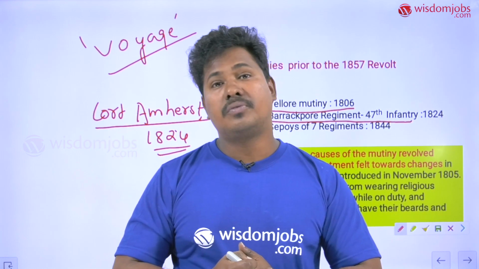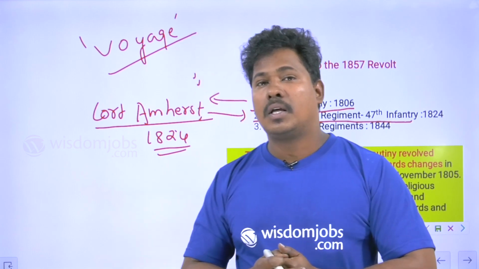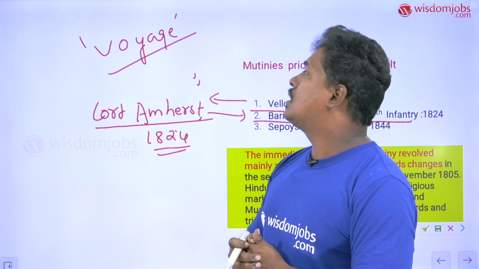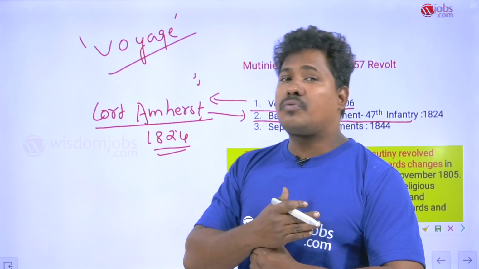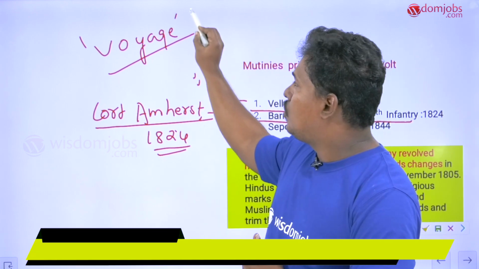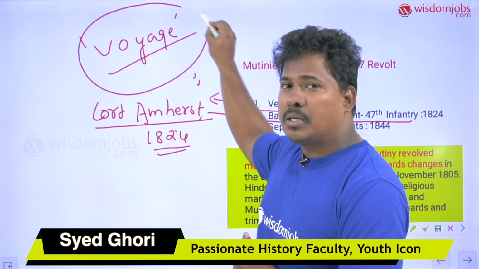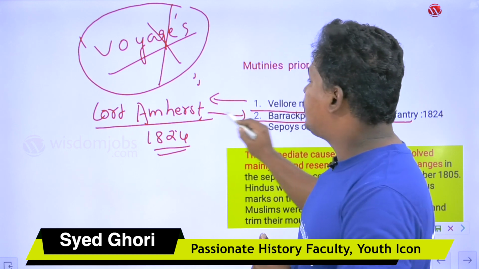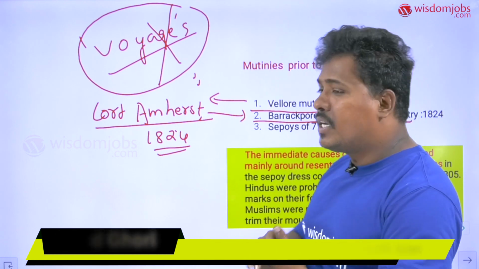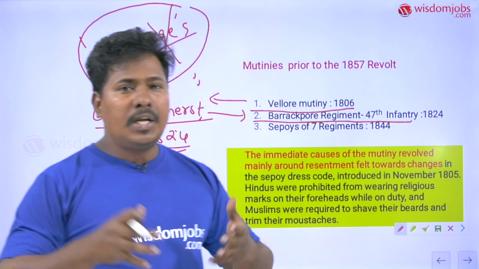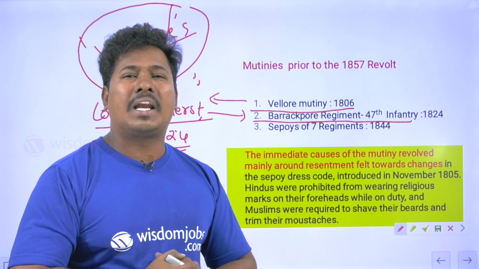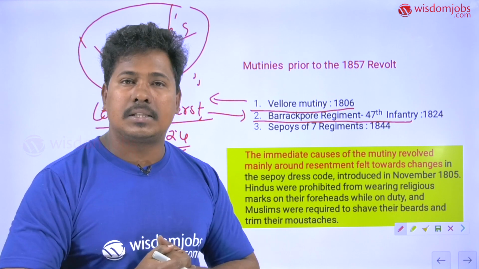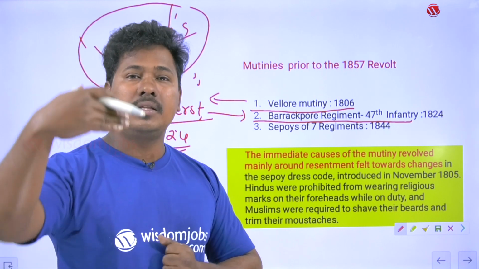That was the faith of the Hindus, right? So according to Hindu customs, voyages are strictly prohibited. But here Governor General Lord Amherst in the year 1824 forced the Barakpur Regiment to go and fight against the Burmese, traveling on the seas.